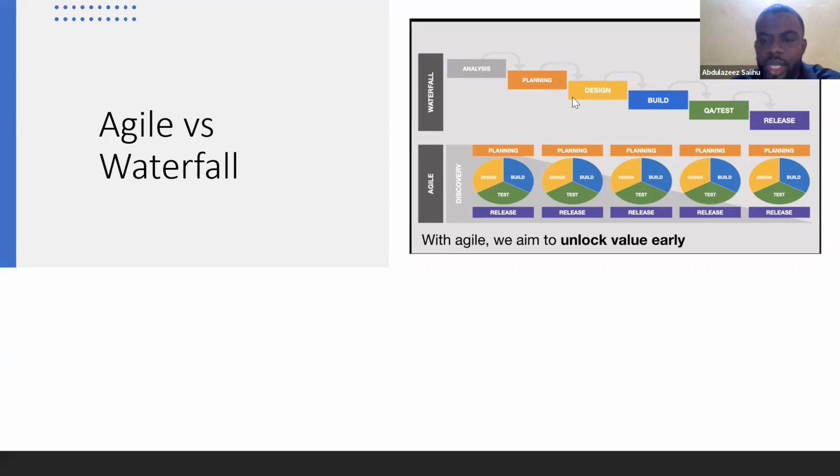Based on the limitation of this, that's why we're advocating Agile. So what does it do? You build, you test, you release. So if you are to travel from this place to here before you release, and when you just travel within this region, you release your product to the market.